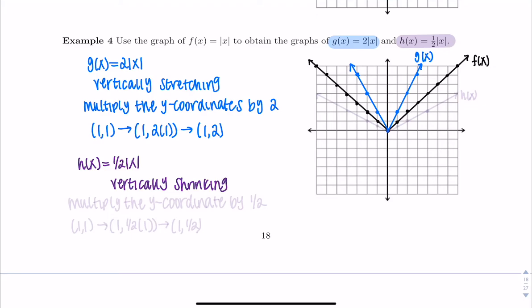And so you're going to multiply the y coordinate by 1/2. So the point 1, 1 is now going to become 1, 1/2 times 1. But this is just 1, 1/2.